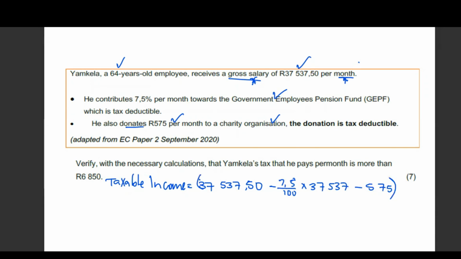Everything will be multiplied by 12. Why by 12? We need annual taxable income. So the annual taxable income becomes 409,766 rands 25 cents.